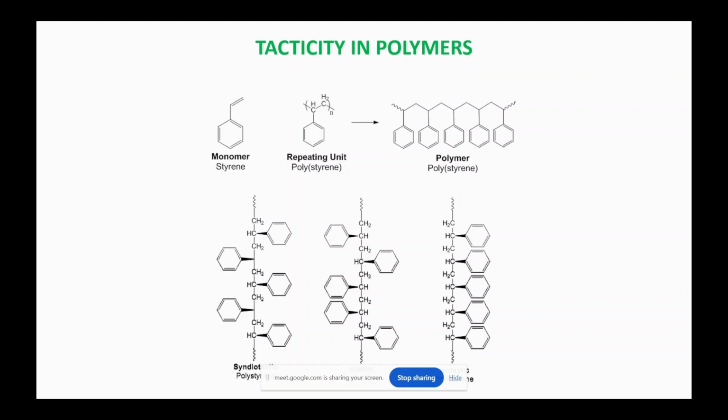So can anyone tell me what are the different types of polymerization reactions you guys are aware of?